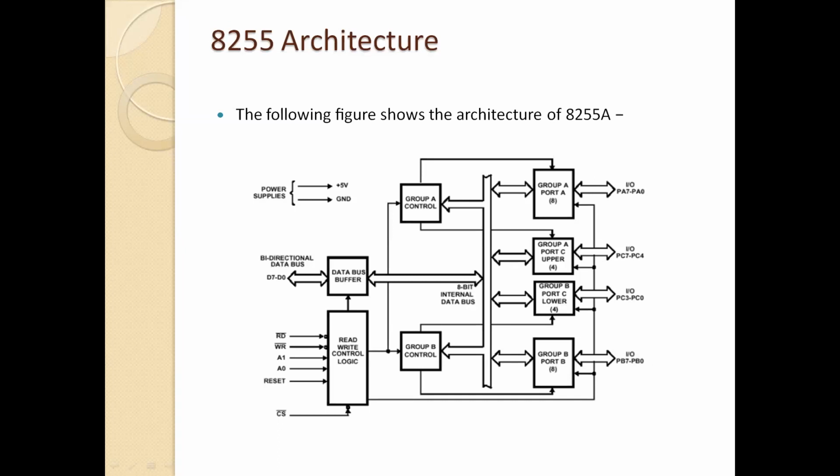Group A control is associated with port A and the upper pins of port C. Group B control is associated with port B and the lower pins of port C. These two control blocks give commands to the ports as to which port will be active at what time.